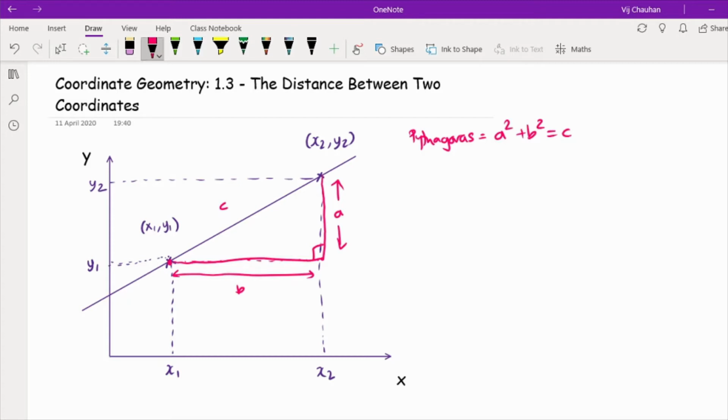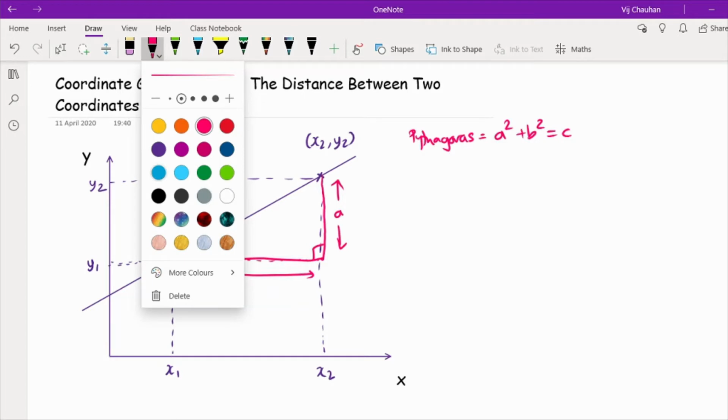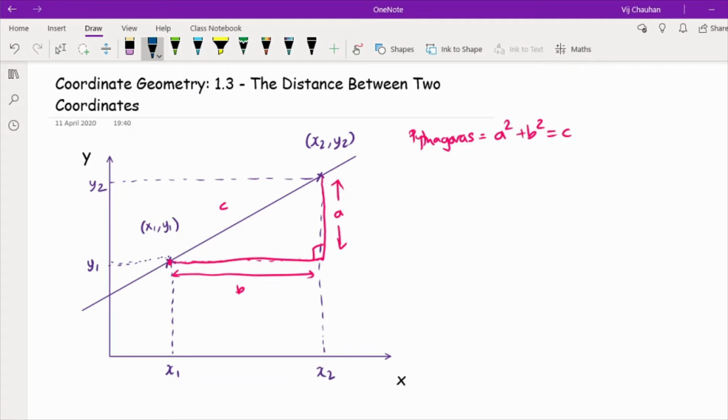Now what I then need to do is find out what the lengths of a and b are going to be. So if I get a different colour pen, let's go for blue. So a is going to be equal to y2 minus y1, and b is going to be equal to x2 minus x1 as a distance, and the length c we're just going to call d, as for distance.